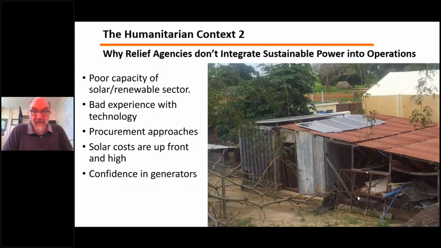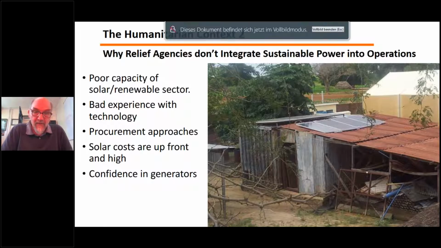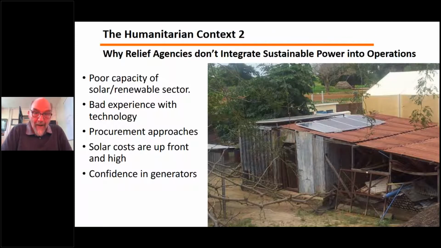It's much easier to do a procurement for a 150 kVA generator or a 50 kVA generator than it is to do a procurement for a solar system, because the 150 kVA generator doesn't need a design. A solar system needs a design, and the procurement approaches a lot of agencies really don't budget for the upfront and preliminary work that needs to get done.